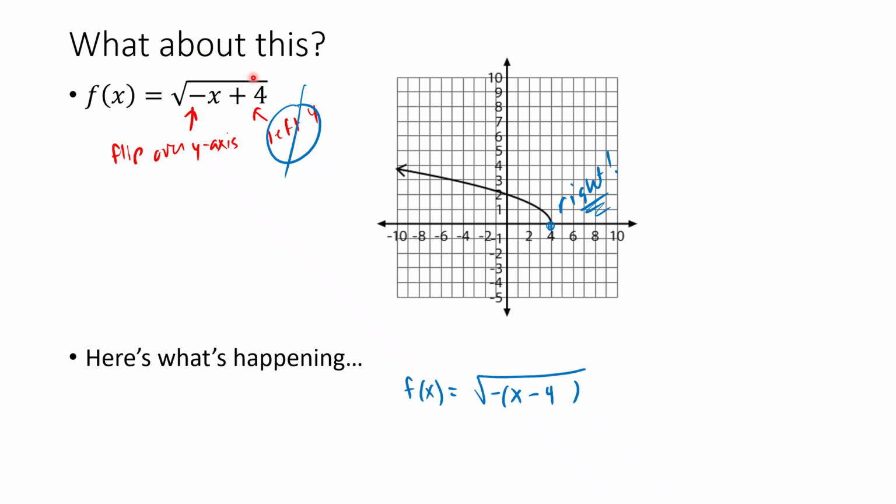So maybe you thought of it as, okay, we take our parent function and we go left 4 like that, and then you do the flipping.